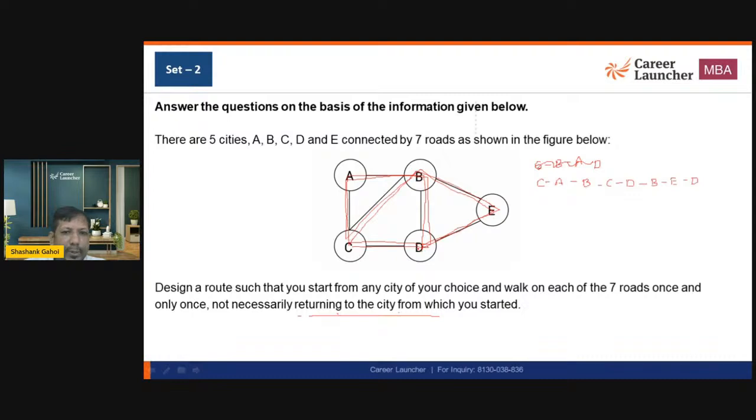Now I am going to start a path with C. So I am going to say C से जा सकता है, D, D to B, B to A, A to C, C to B. So D B A C B, then E, then D. और ये वाला पाथ अभी तक कवर नहीं हुआ है, then C. ठीक है.